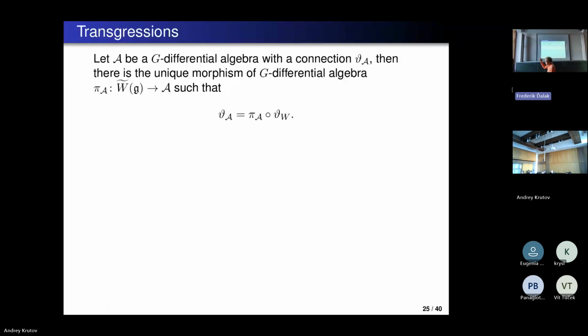You start with some G differential algebra with a connection. And there is a nice universal property of non-commutative Weil algebras: if you have such an algebra with connection, then there is a unique characteristic homomorphism from the non-commutative Weil algebra to your G differential algebra, which sends the connection to the connection.